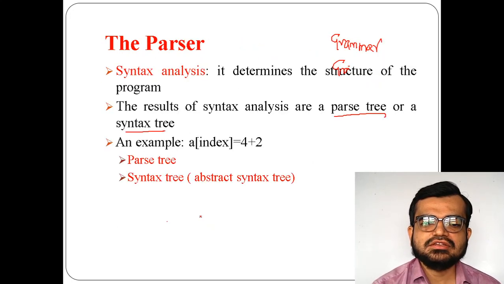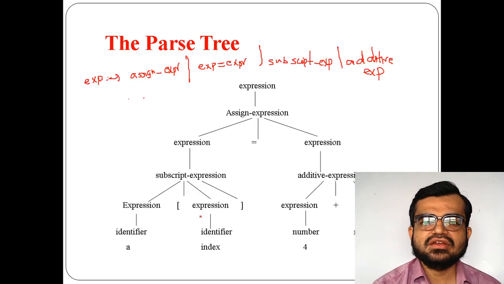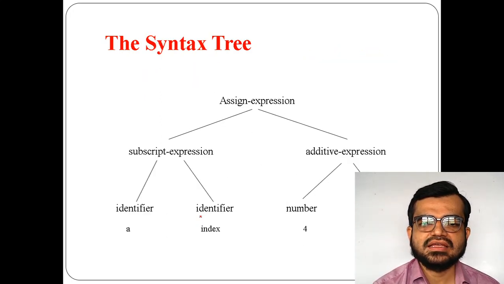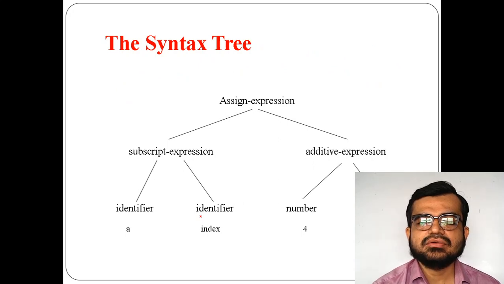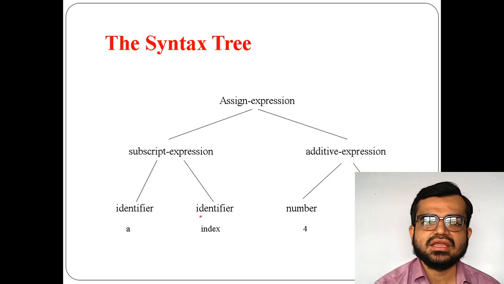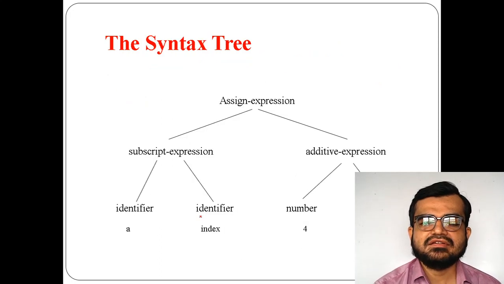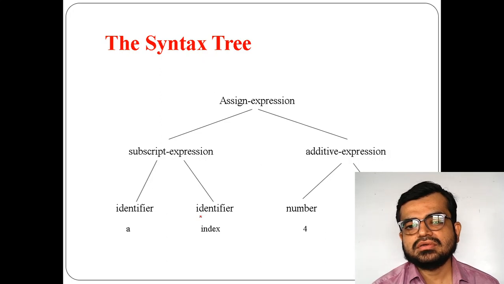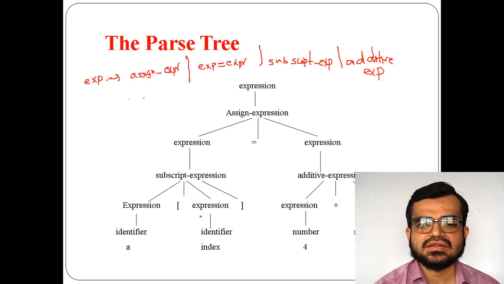Okay, so this is parse tree, and next is about syntax tree. Syntax tree and parse tree have some differences. If you compare parse tree and syntax tree, you can find that in parse tree the number of grammar rules is larger, but in syntax tree it is less. That means you have fewer steps in syntax tree compared with parse trees.